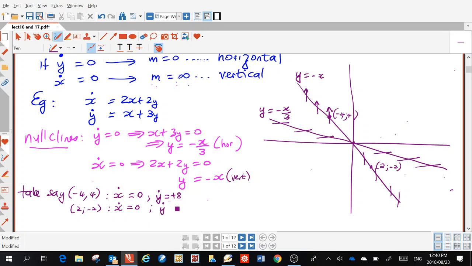Y dot will work out to be 2 minus 6, since 3 times minus 2 is minus 6. 2 minus 6 is minus 4. Negative. That tells me that at that point it is pointing downwards. So all of these arrows go downwards. That's the typical case.